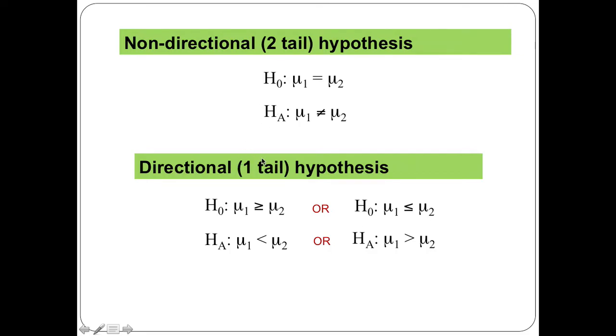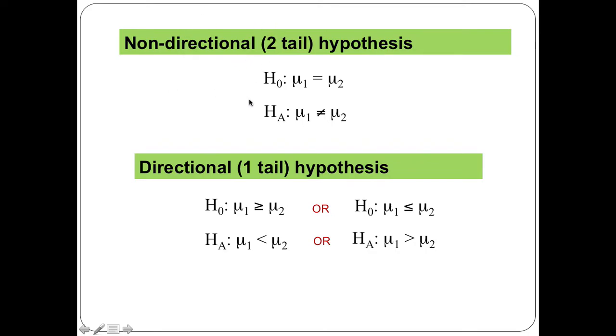Whereas in your directional or one-tail hypothesis, what we are testing in your alternative hypothesis is directional. So it means that usually we are testing whether your first population is either smaller or larger than the second population. So there is a direction here.